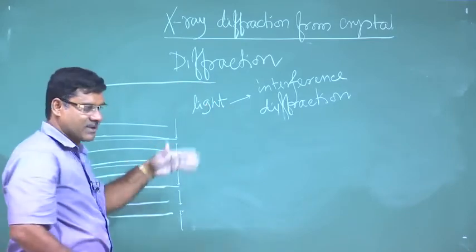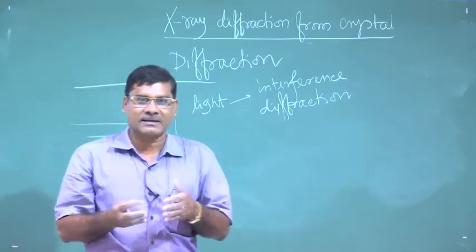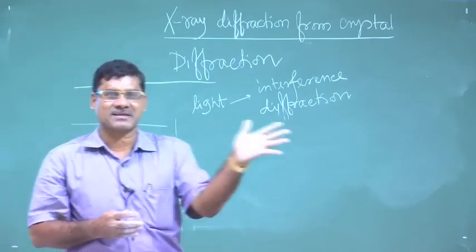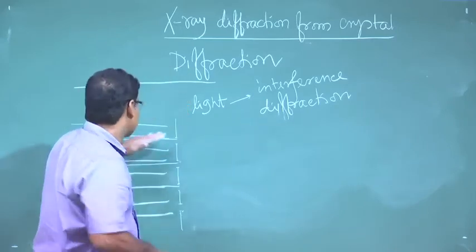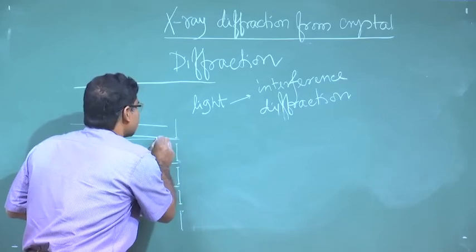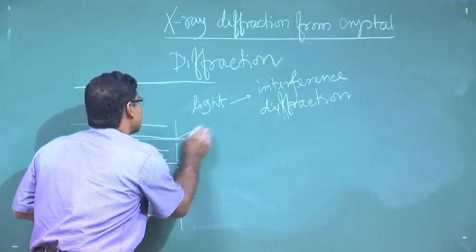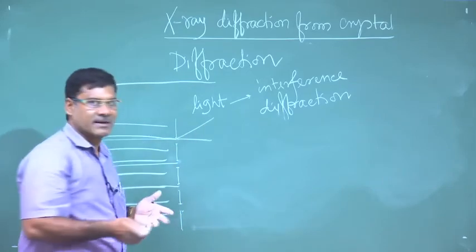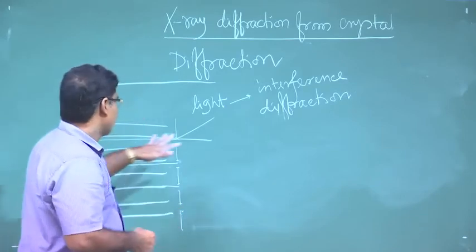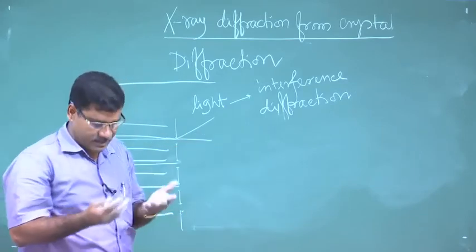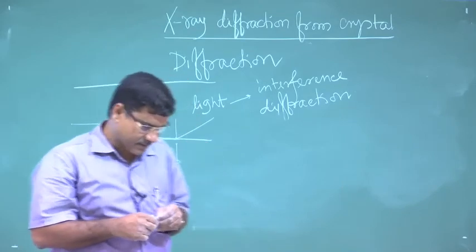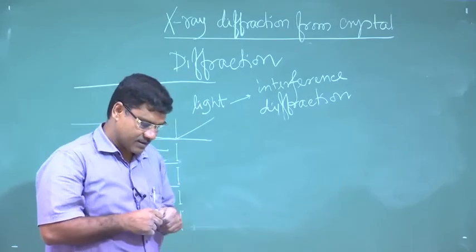Here it feels some obstacle. Generally people say it bends, from this direction to another direction. That is generally what we call diffraction, but it is not a good way to define diffraction.